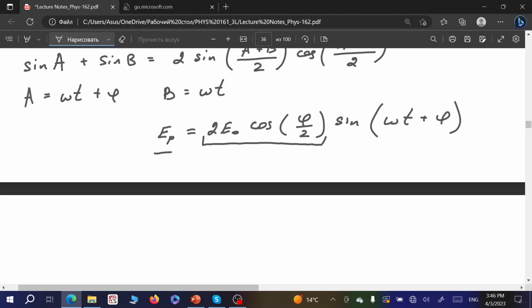We'll make a transition from electric field to light intensity, because that's what our eyes and other measuring equipment or devices are dealing with. We are always dealing with some integrated average light, the amount of energy transferred per unit time per unit area. So we deal with intensity, and that's why we need to go from electric field.